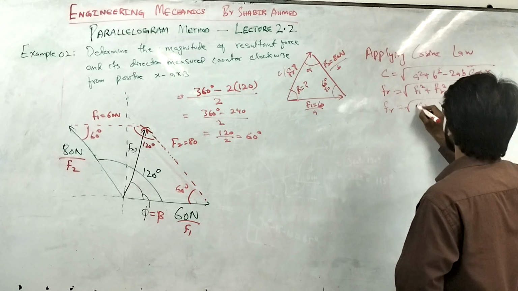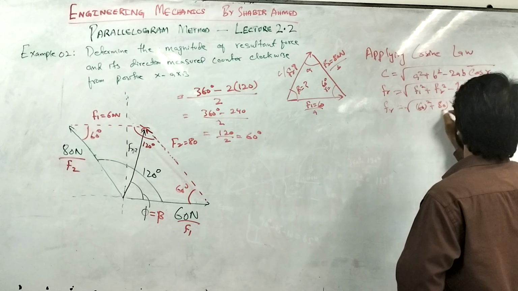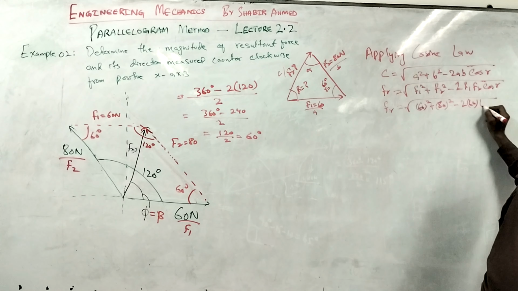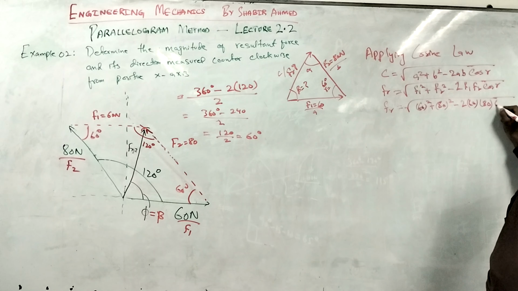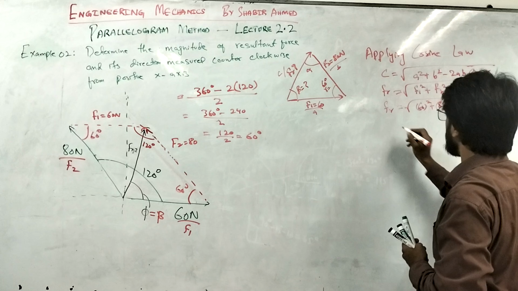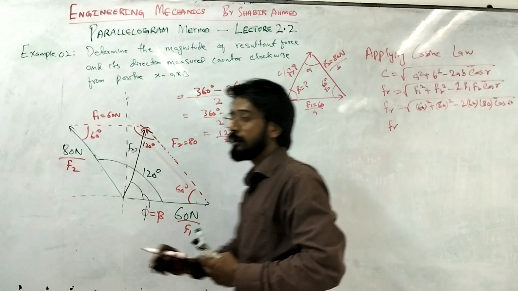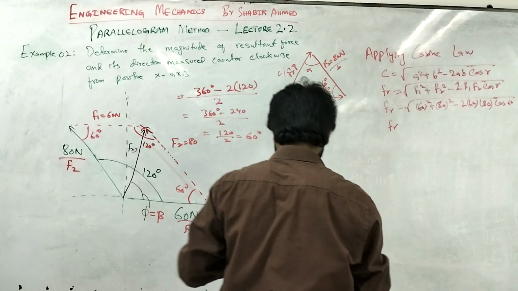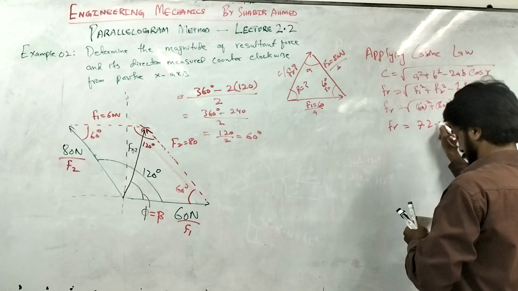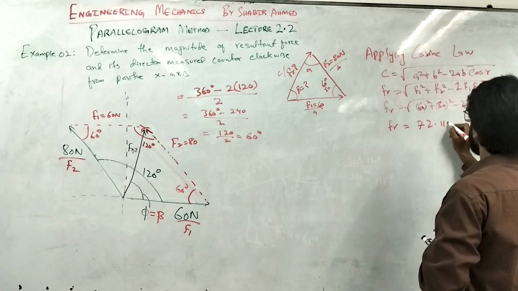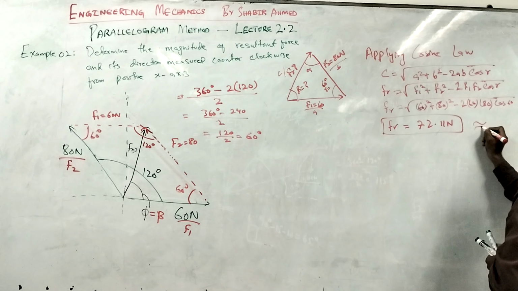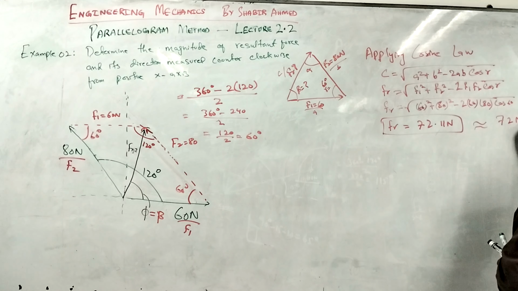So this will be 60 squared plus 80 squared minus 2 into 60 into 80 and cosine 60 degree, which is our gamma value. When we solve it, the resultant answer shall be 72.11 Newton, which we can say is equivalent to 72 Newton.